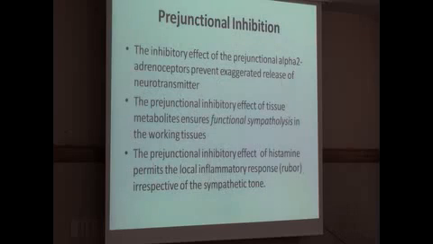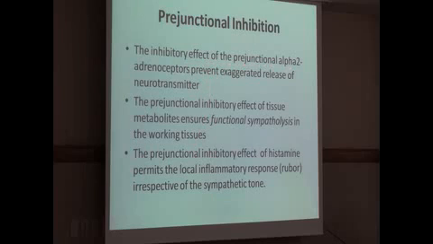So this brings us to the concept of pre-junctional. Now in skeletal muscle or in the brain, we would call that presynaptic. But the structure of the nerve endings around the smooth muscle is not a real synapse. It's a junction, so pre-junctional inhibition. And there are several aspects here that you may remember.